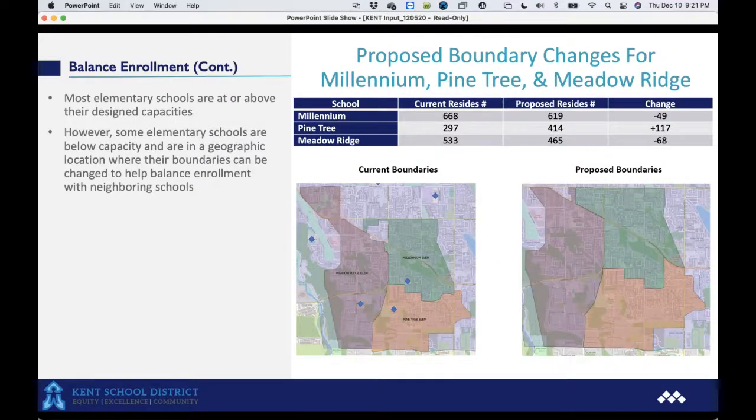And the next slide is looking at Millennium, Pine Tree, and Meadow Ridge. Again, the map to the left is the current, the map to the right is the proposed. And the table shows the resides currently and proposed and the change.